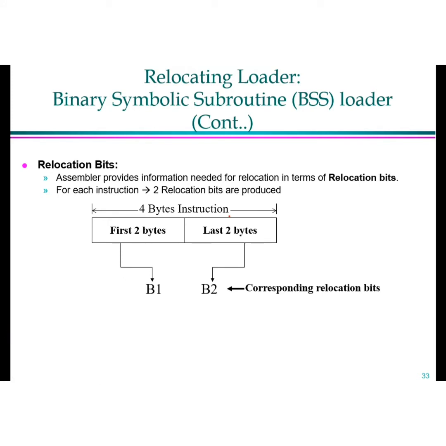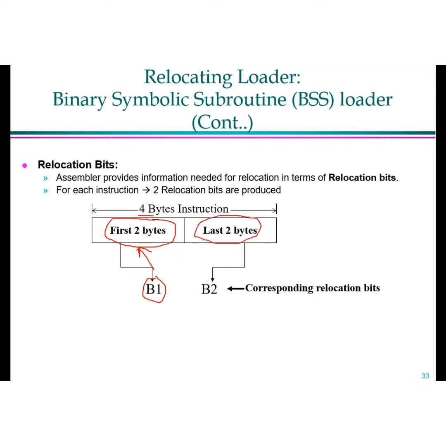So suppose your instruction is of 4 bytes, given here. The first 2 bytes are identified here, and one relocation bit, B1, is allocated to those first 2 bytes. This B1 will identify whether you require relocation in the first half of your instruction. If no, it will be 0.